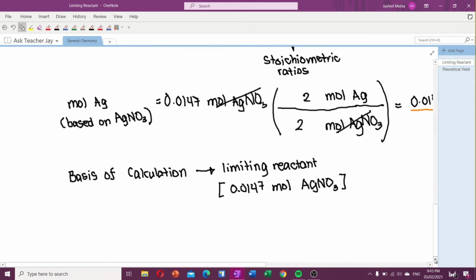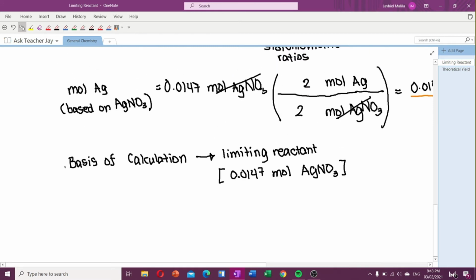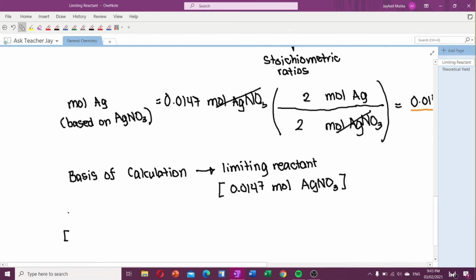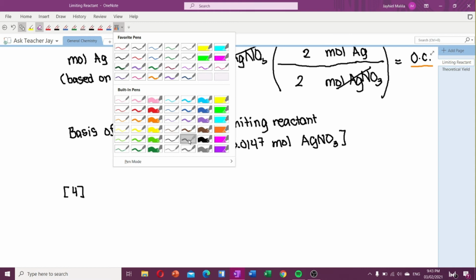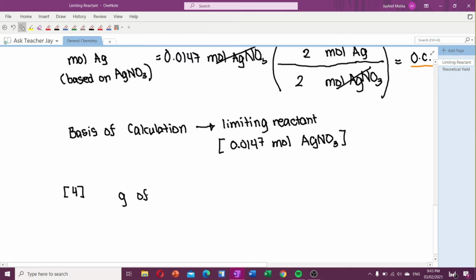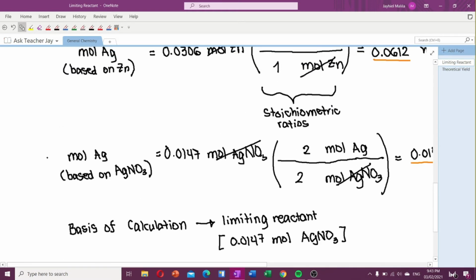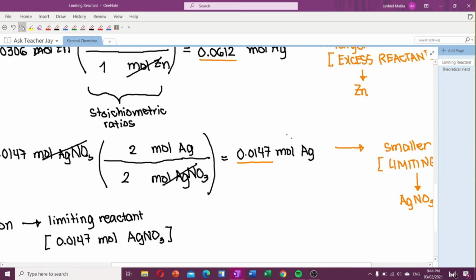Okay, of course, for the amount of Ag, what's the next number? Number 4. For the moles of Ag, I think we are looking for the grams of Ag, not moles. Grams of Ag. The good thing here is that we already knew that if we base our calculations on 0.0147 moles of AgNO3, we are going to get this value of moles of Ag.